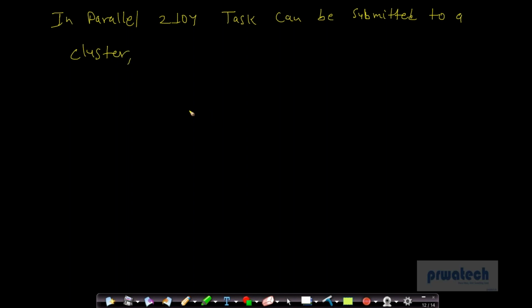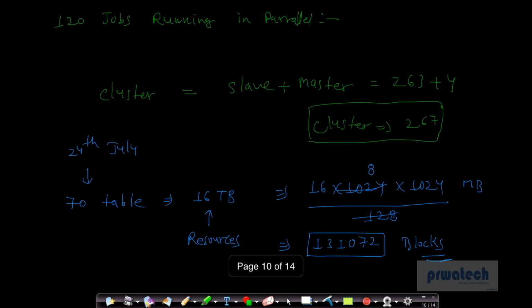Then, if 2104 tasks can be submitted to a cluster, and I'm assuming that this takes a total of 35 minutes to complete. So 2104 tasks take 35 minutes. Then I have a total of 131,072 tasks.